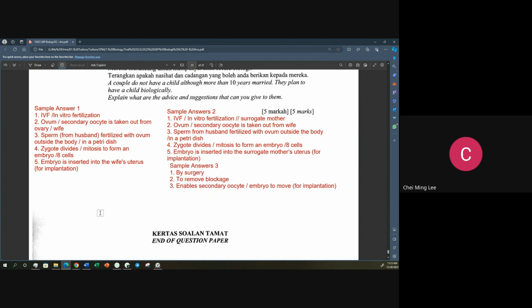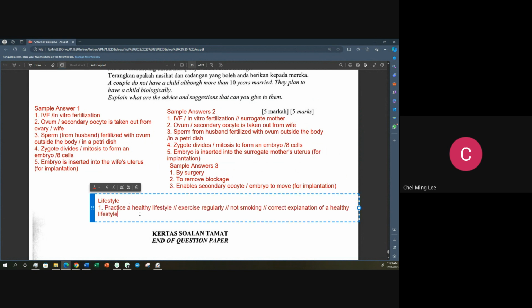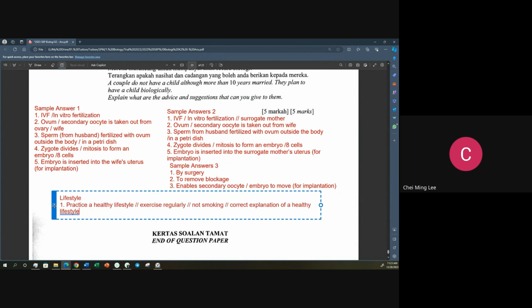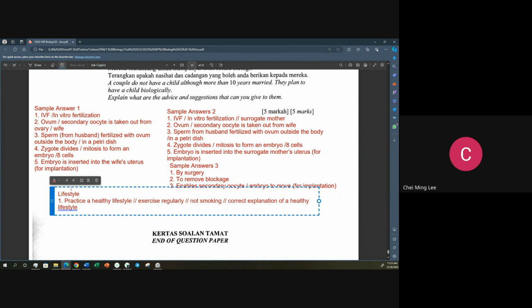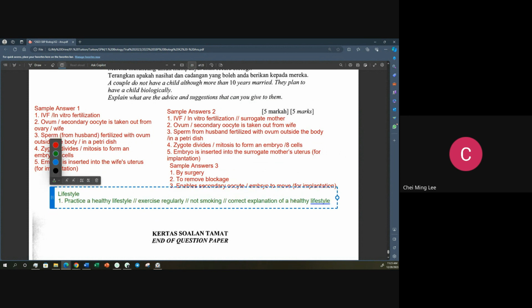Now for the lifestyle part, practice a healthy lifestyle. Maybe I will change the color a bit. Practice a healthy lifestyle, or you say exercise regularly, anything. And then also practice a balanced diet.